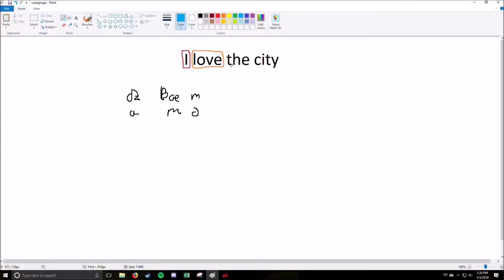And then you have the city. In Lasagnage we don't use the or anything, so it's just city. And city, as we just talked about, is tebdin. And so the phrase I love the city in Lasagnage becomes za bema tebdin.